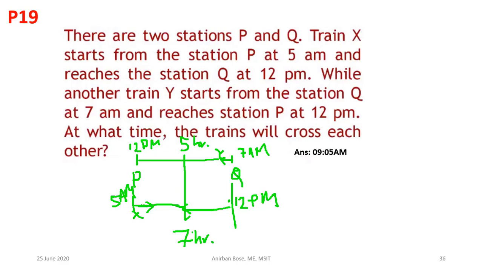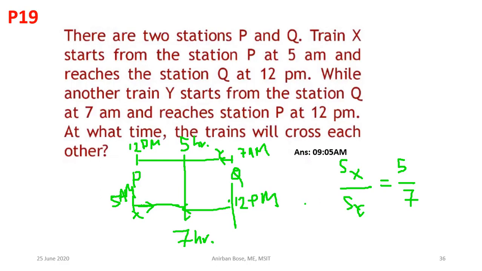So what is the ratio of their speeds? The ratio of the speed of X and the speed of Y is 5/7, because you know that speed is the reciprocal of the time when the distances are the same. So Sx by Sy is 5/7.